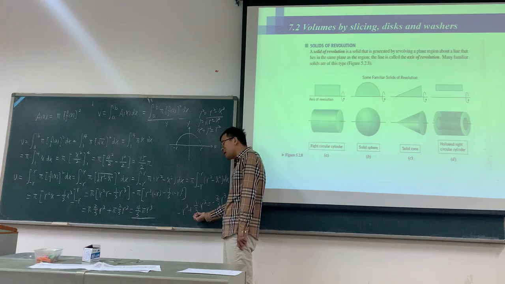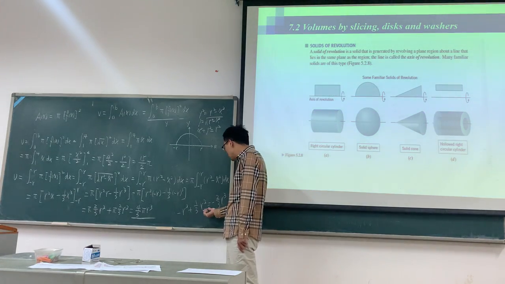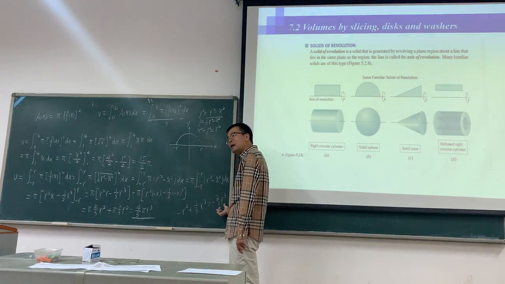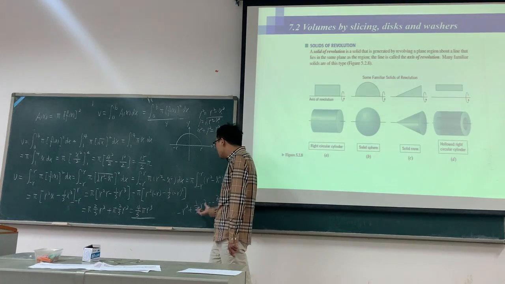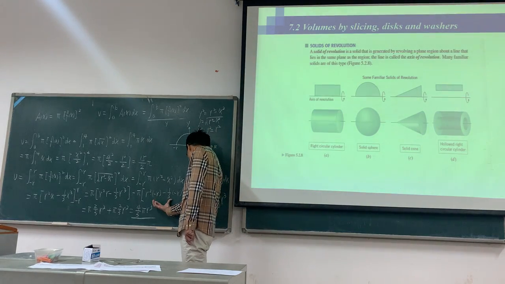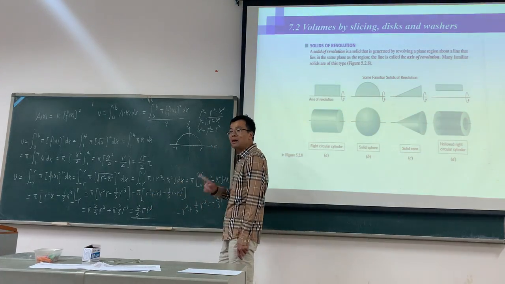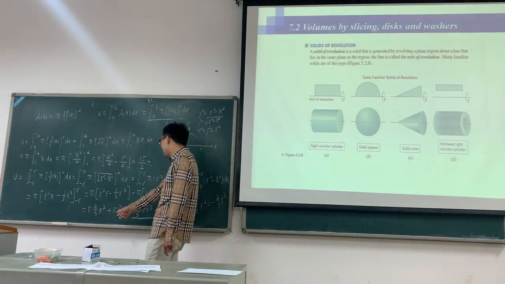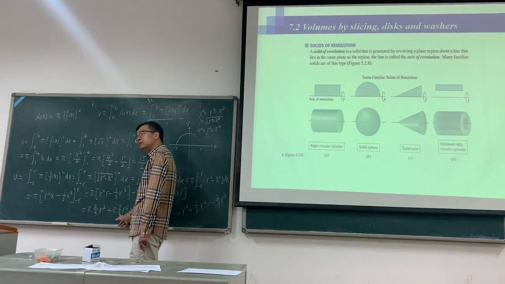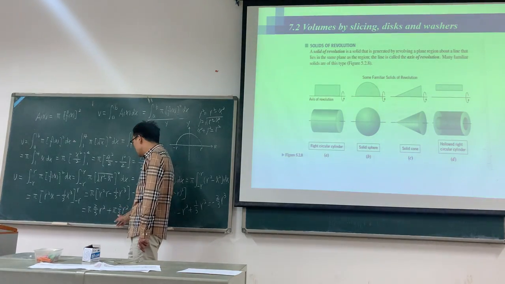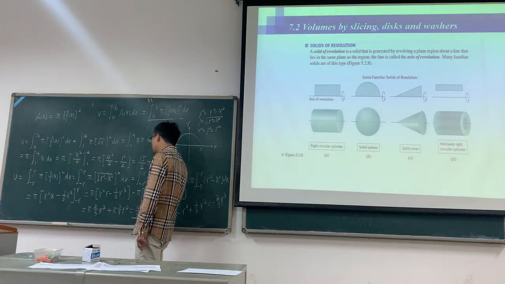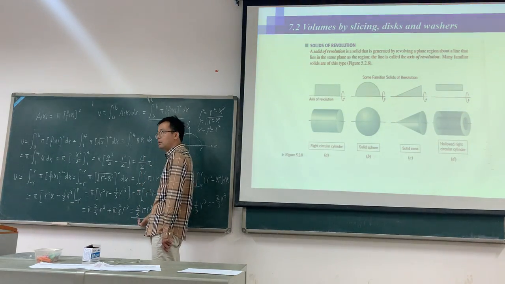Minus r cubed plus 1 by 3 r cubed, so it's minus 2 by 3 r cubed. So this part is minus 2 by 3 r cubed. So minus, so plus, so here plus pi 2 by 3 r cubed. So these 2 parts give 4 by 3 pi r cubed.